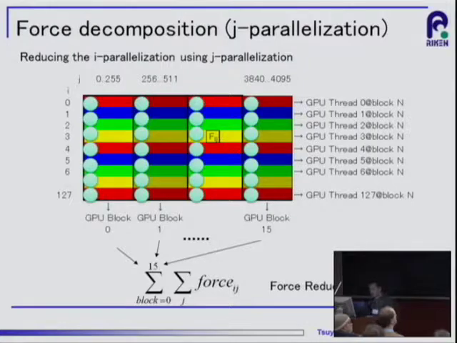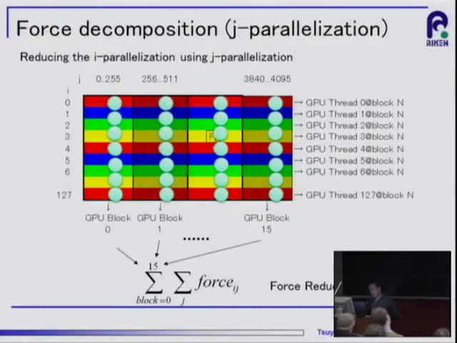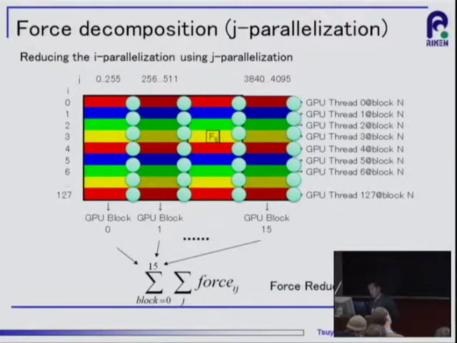After calculation, the forces on the 16 blocks are summed on the host computer. Using force decomposition, we can reduce the particle decomposition number and increase the efficiency of GPU.